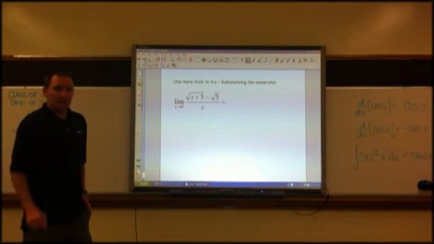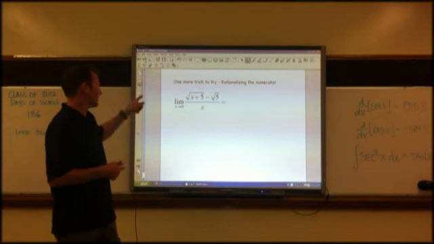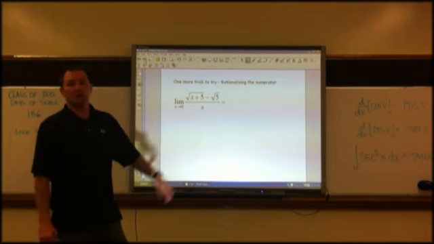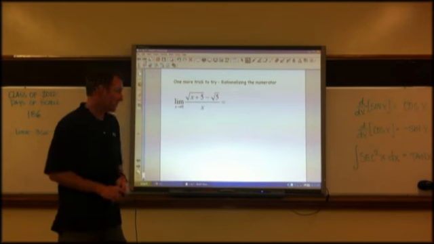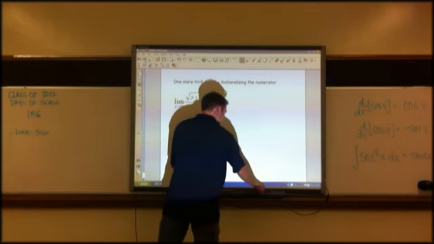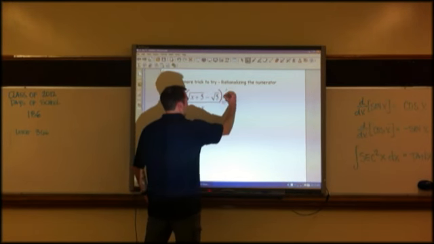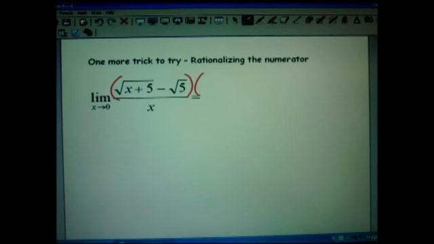One other trick to look at. Sometimes you try direct substitution, it doesn't work. You try factoring, it doesn't work. If you've got something like this, one more thing you can throw out there is rationalizing the numerator. Now, we rationalized denominators before in other classes, but now we're going to try rationalizing the numerator. It's the same idea. You just multiply the numerator by the conjugate.